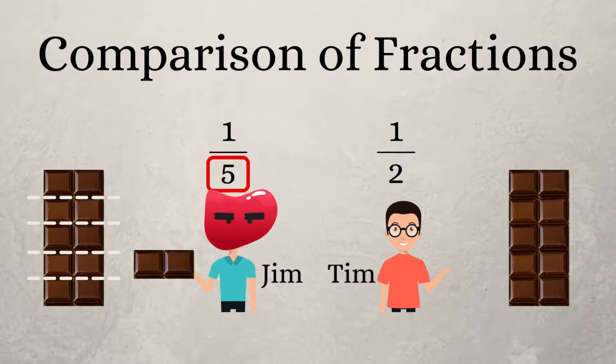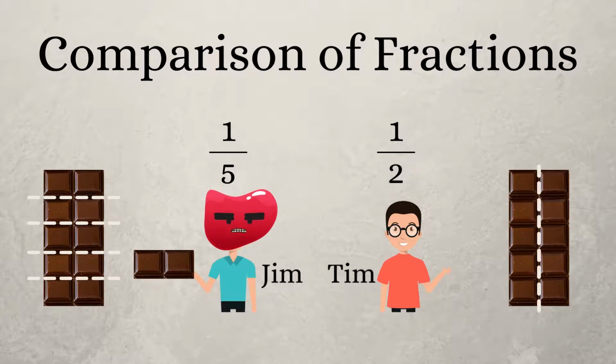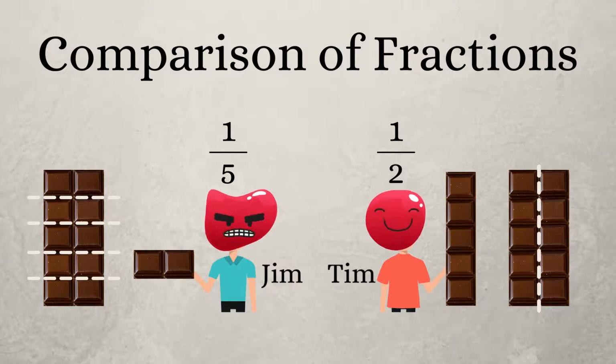And when the denominator is 2, the chocolate is divided into 2 parts, and hence Tim gets a larger share. So we can say that 1/5 is smaller than 1/2.